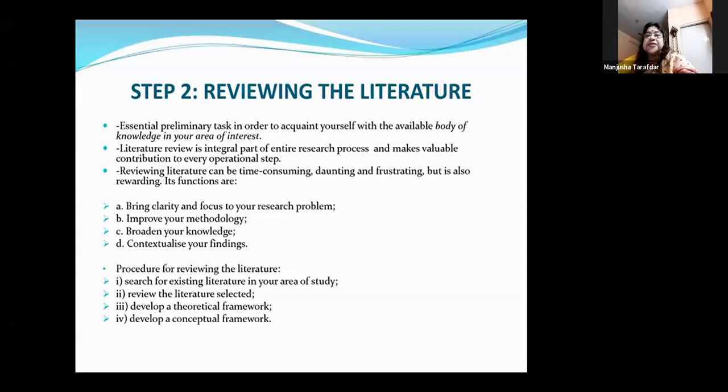So literature review is an integral part of the entire research process and makes a valuable contribution to every operational step. Reviewing literature can be time consuming, daunting, frustrating, but is always rewarding.